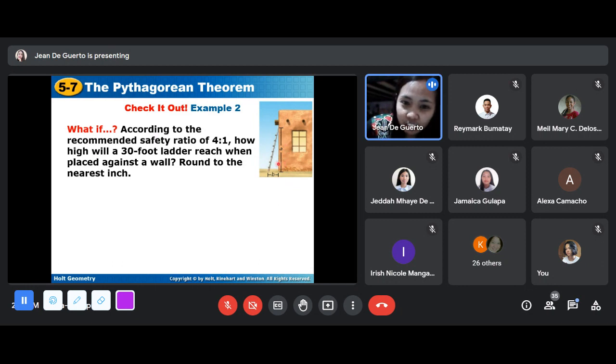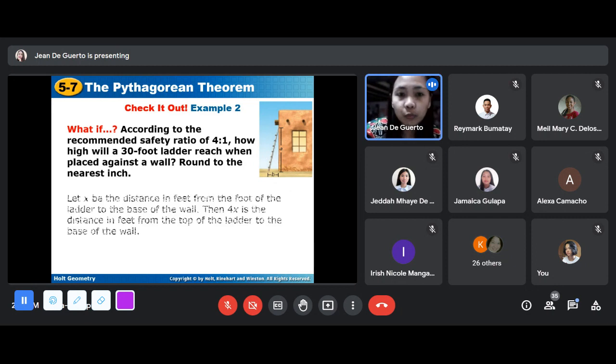Yung ladder, siya yung nagsilbing diagonal ng right triangle natin. So we are going to let X be the distance in feet from the foot of the ladder to the base of the wall. So ito, yung B, yung nakikita nyo ba? So from the foot of the ladder to the base of the wall, yun yung X natin. We are going to let it be our X. Okay?